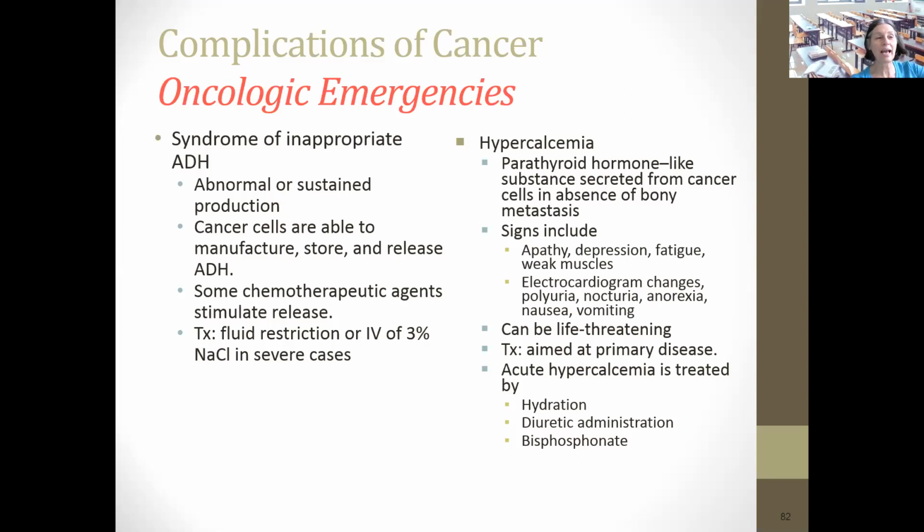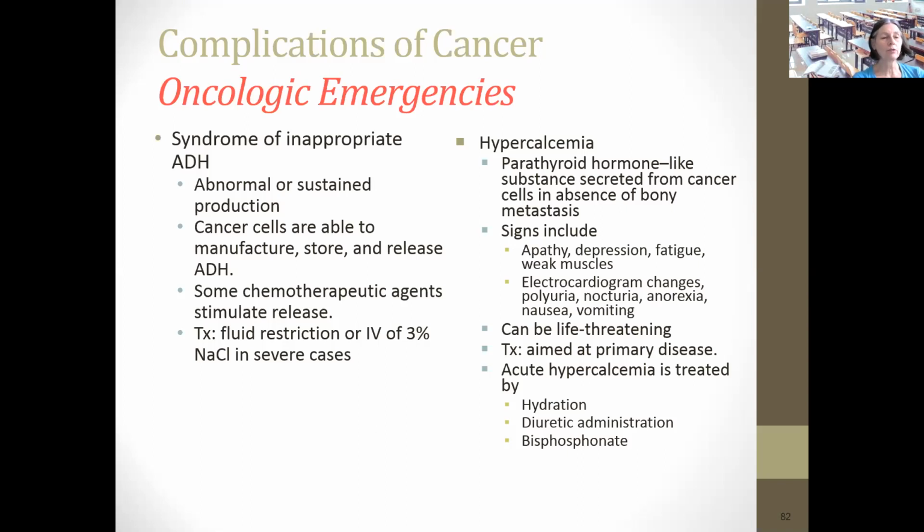And hypercalcemia gives you apathy, depression, fatigue, EKG changes, nocturia. So it can be life-threatening because of the cardiac changes. It'll cause electrocardiogram changes, which is a rhythm of the heart. The rhythm of the heart may actually change.